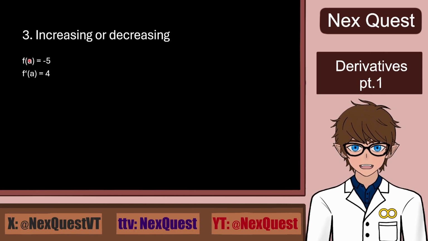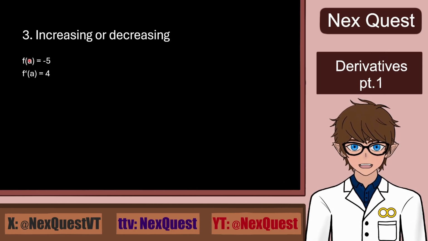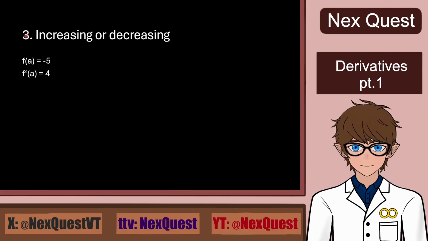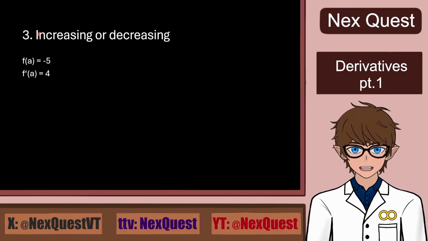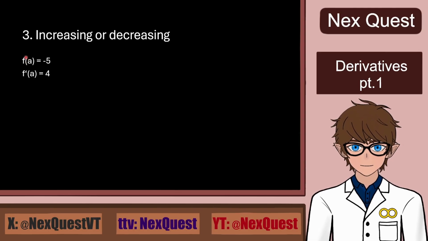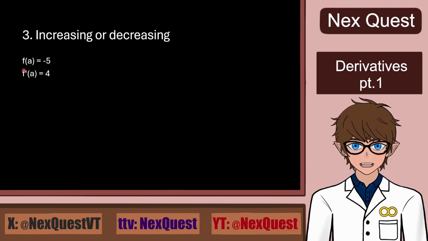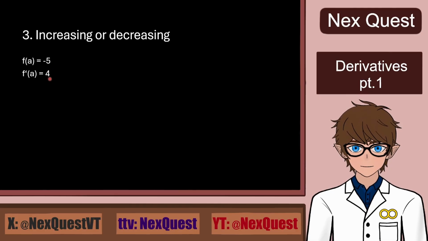Now, for the last one, I think it's far too easy for you guys, but I had to give you one more, to make you feel confident about solving it. So, is the function increasing or decreasing if we have the y value for f of a, so we insert some a in the function and we get minus 5. If we take a derivative of the function and insert the same value into the derivative, we get 4.